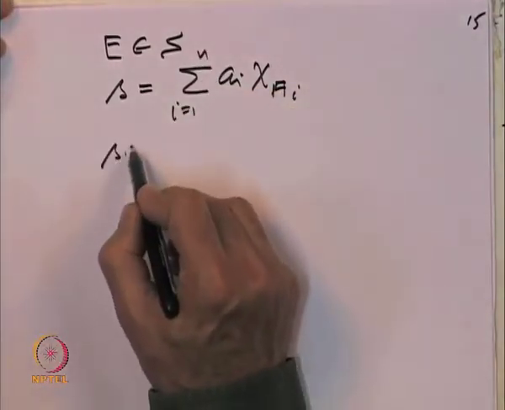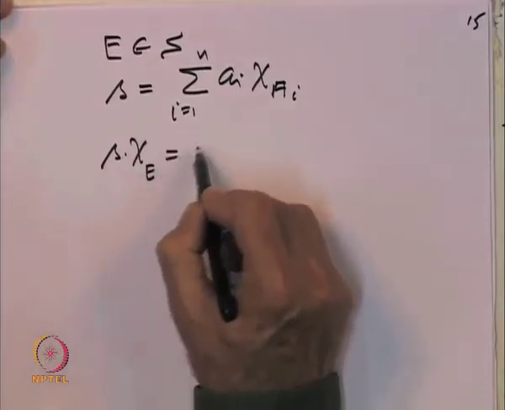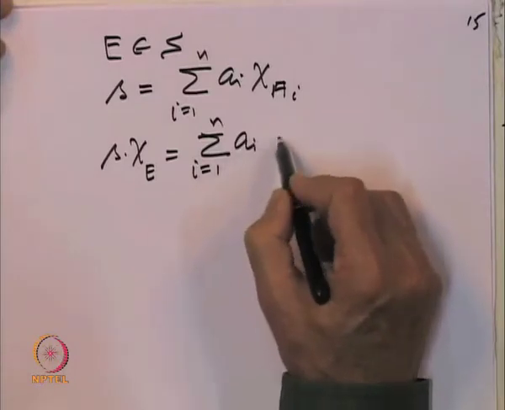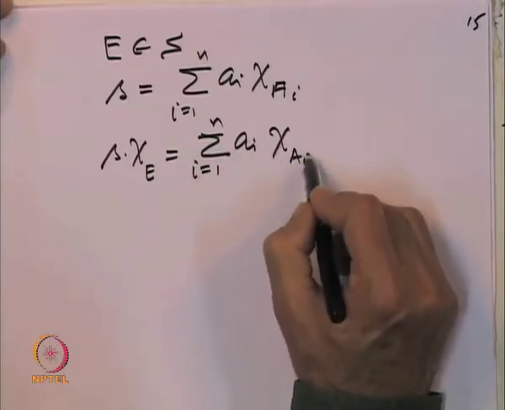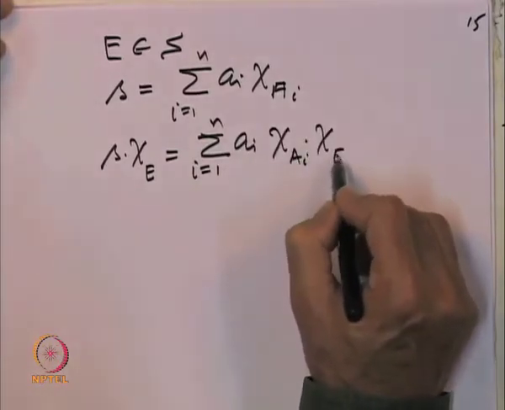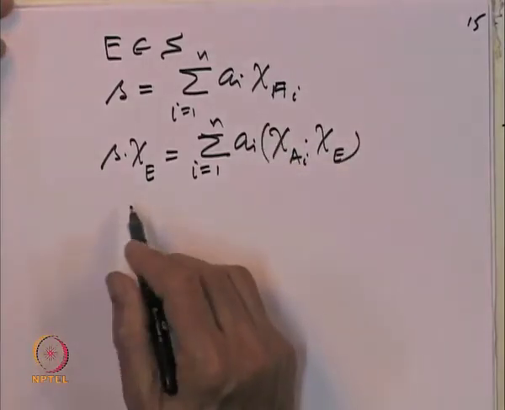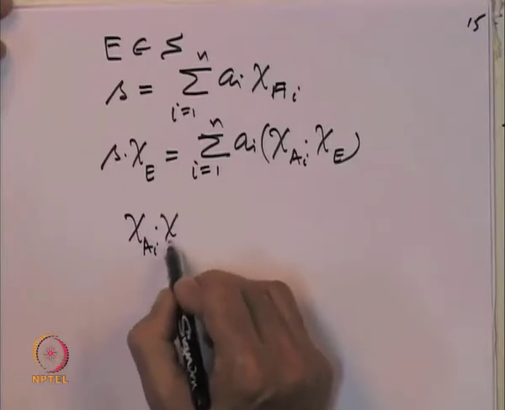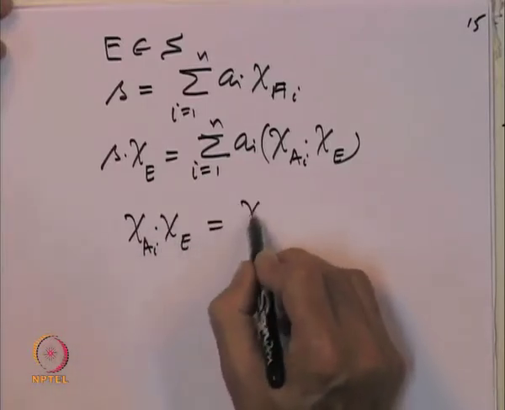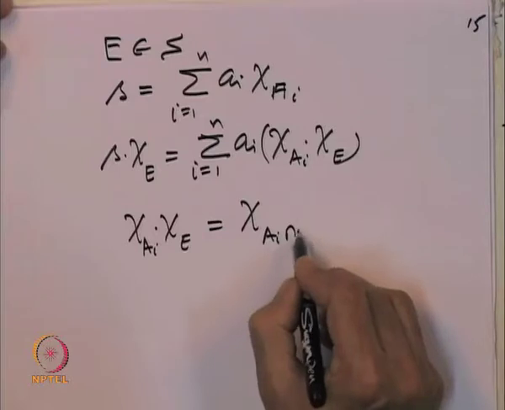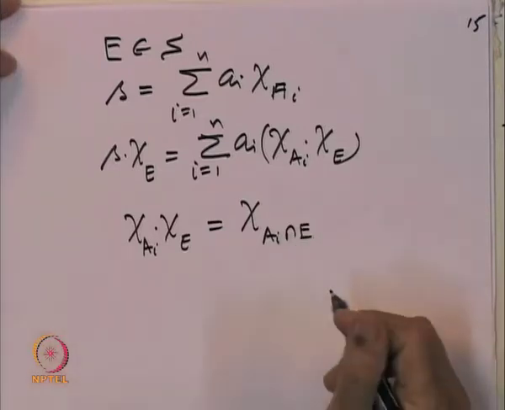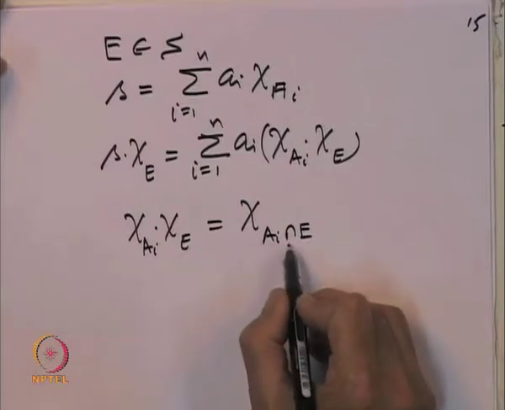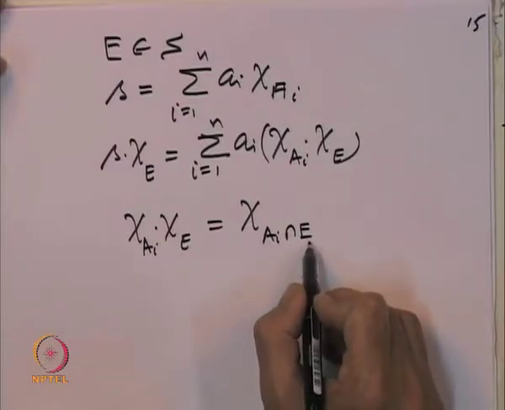Then S times the indicator function of E is nothing but summation i equal to 1 to n of a_i indicator function of A_i times indicator function of E. So, here is the observation that the product of indicator functions is equal to the indicator function of the intersected set.